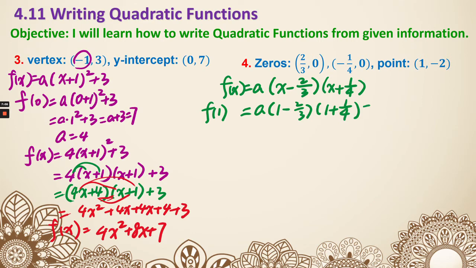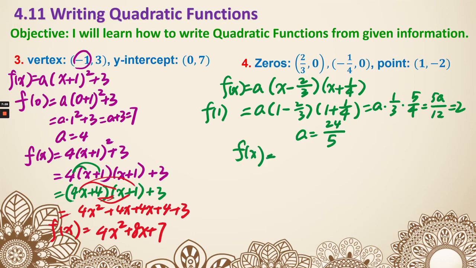And that is going to give me a times 1/3 times 5/4, which is 5a over 12, which is 2. So after I solve that, my a is going to be 24 over 5. Just multiply the 12 over, then divide it by 5. So my f of x looks like 24 over 5 times x minus 2/3 times x plus 1/4.